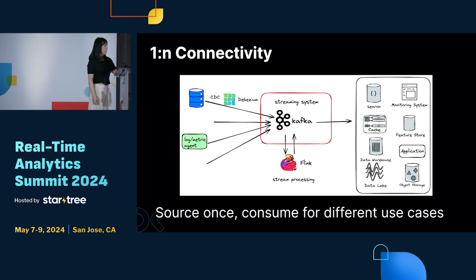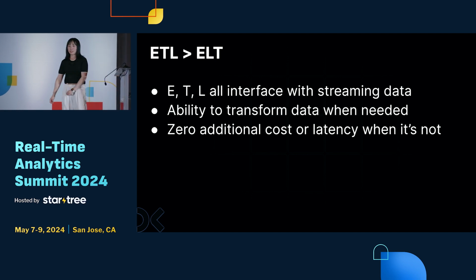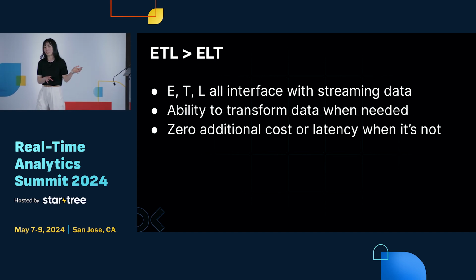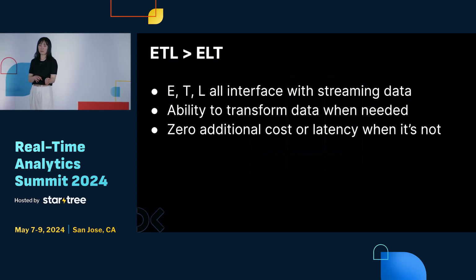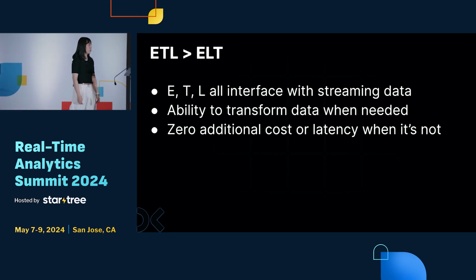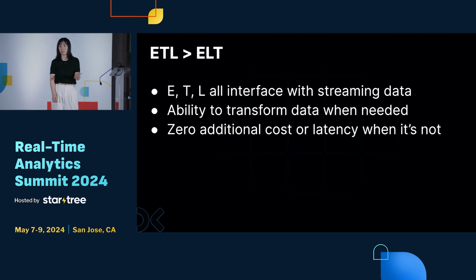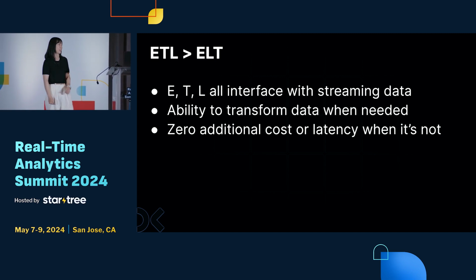In this way, E on the left side, extracting, transform, load, they all interface with streaming data, so you can apply transform data when needed. That basically means if you don't want to transform data, that T doesn't exist. You just don't need to use it, and there's no additional cost or latency when it's not.